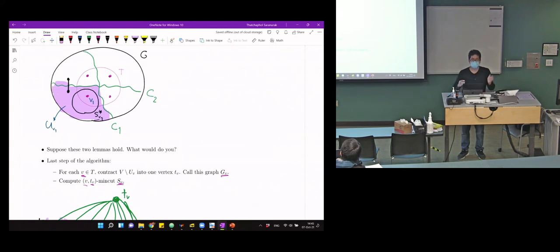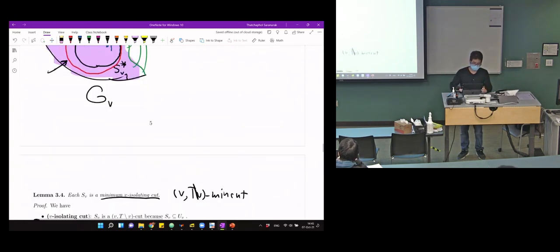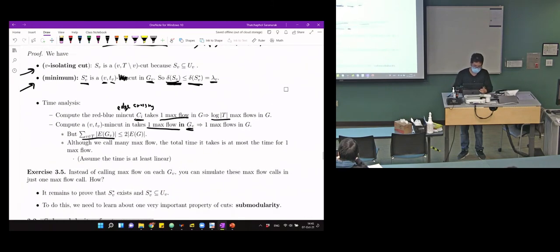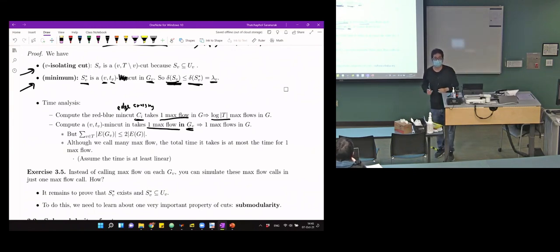So each edge appears in at most two GV. So the total size is this. So you can think of it as many max flow, but the total size of those max flow is just the original graph. So you can count it as one max flow actually.